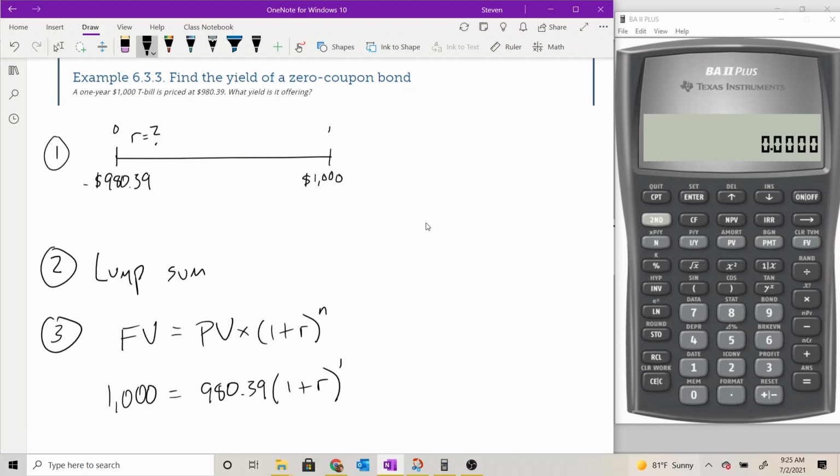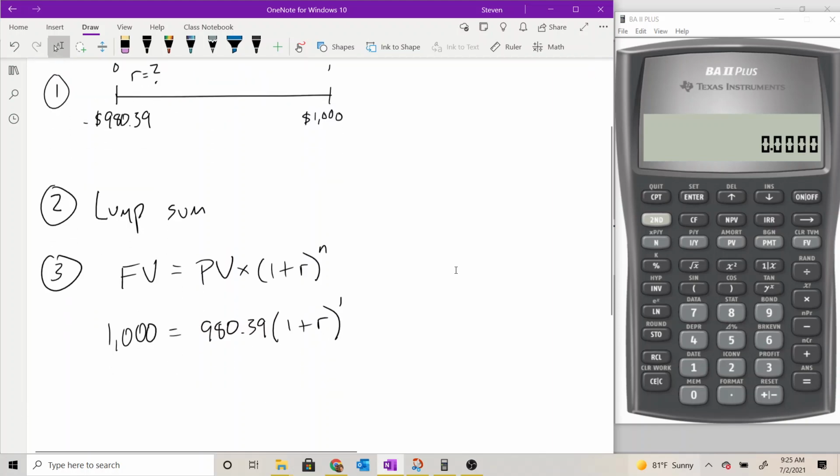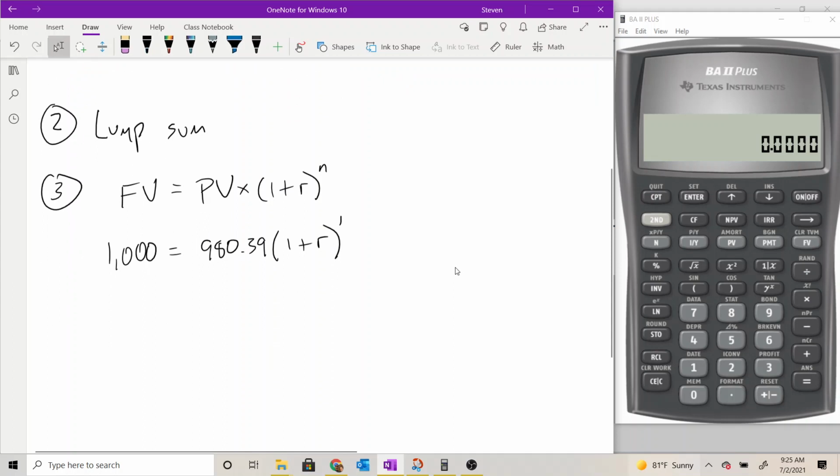And we know that there is just one compounding period involved in this one. So if we wanted to use the formula here, we could just solve this for R, right? But I like seeing the setup here because we can see all we're trying to do is find the rate that equates the present value, that equates the current price, with what would be the present value of the promised future cash flows. So we're just using this present value, future value, lump sum formula and finding the rate that equates these two things.